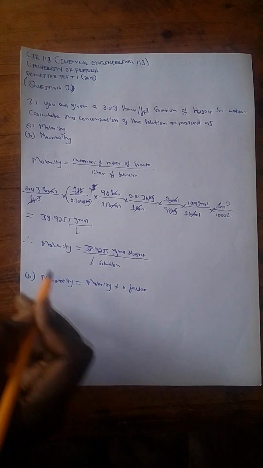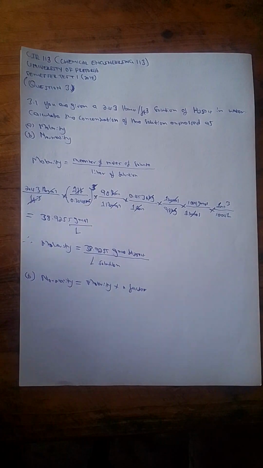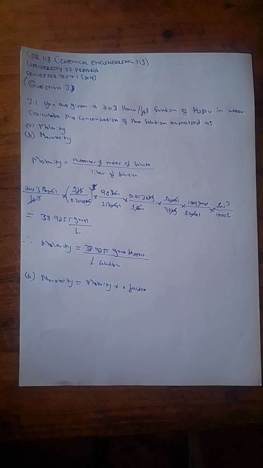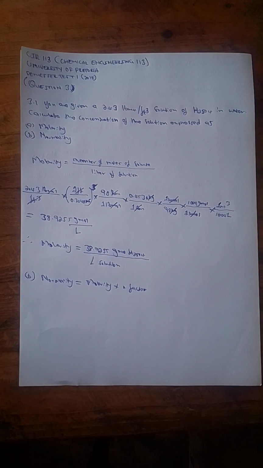The molarity is what we calculated here, and the n factor is the number of hydrogens in the acid. Normality deals with acids and also bases, so it's basically multiplying the molarity with the number of hydrogens in that acid or base.